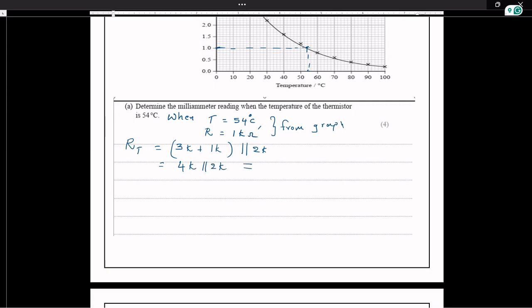I'm going to use the rule 4 into 2 by 4 plus 2, that is 8 over 6, which gives 1.33. So it is 1.33 kilo ohms. I can write it as 1330 ohms. This is the total resistance.